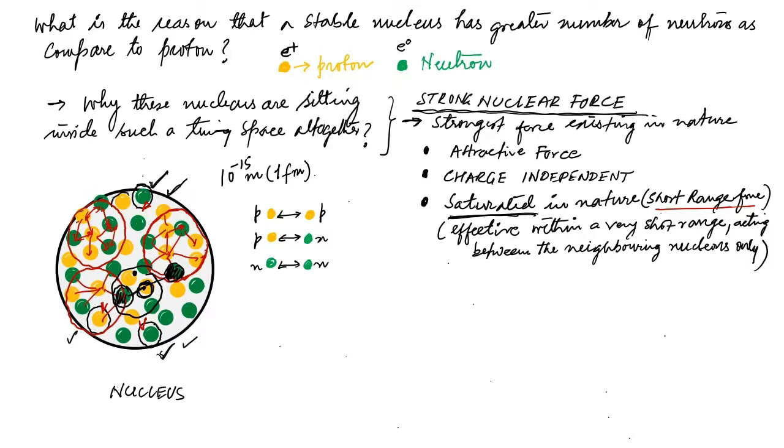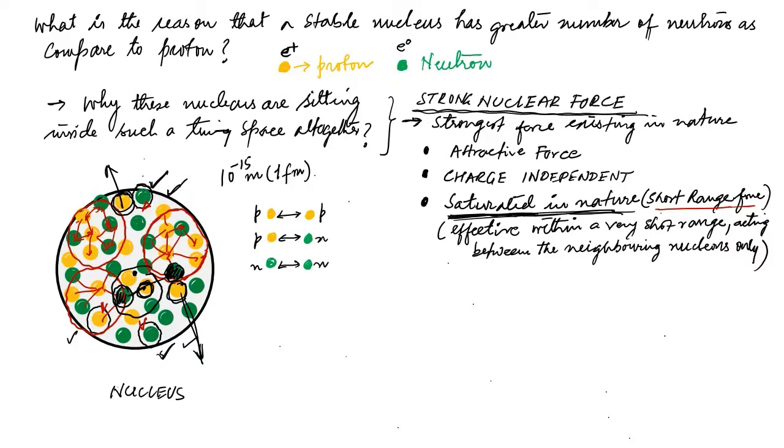If one proton is sitting here and another proton is sitting there, they are affected by the Coulomb repulsion force because they are charged, but they are still not affected by the strong nuclear force, because it acts only over a very short range, in the neighborhood of different nucleons. That is what I mean by saying the force is saturated in nature.